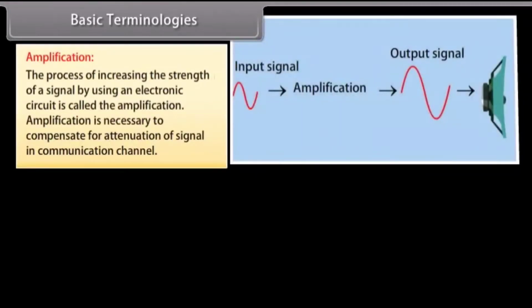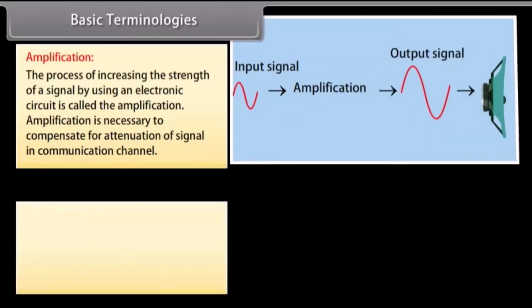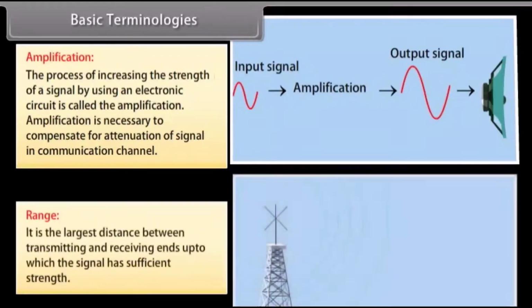The process of increasing the strength of a signal by using an electronic circuit is called amplification. Amplification is necessary to compensate for attenuation of signal in communication channel. Range. It is the largest distance between transmitting and receiving ends up to which the signal has sufficient strength.